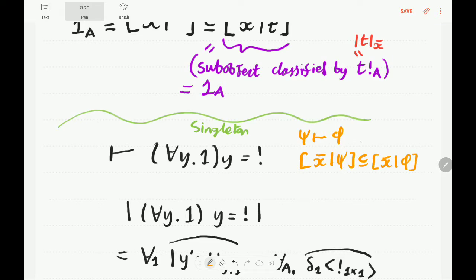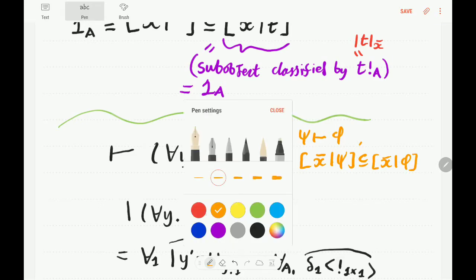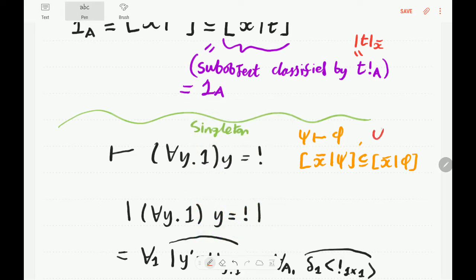So whereas we'd write this psi dot dot phi to be a sort of proposal that psi implies phi, this says psi always implies phi. And when we have this, we mean that nothing implies this. So this is always true. Okay.